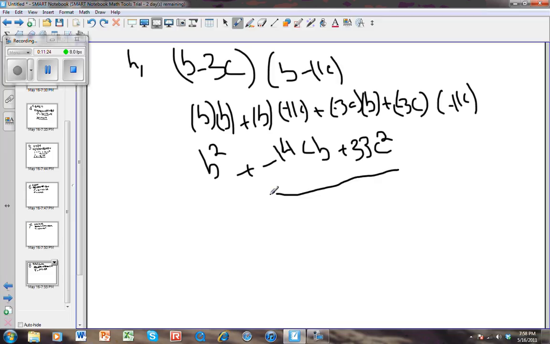So we did what we did in G. We did the same squaring there, and on this it's negative 3 times negative 11, which is positive 33, and then we add the 2 c terms, negative 11 plus negative 3, negative 14. I always write extra in all my questions, but it's not necessary. It could be b squared minus 14cb plus 33c squared. Done.